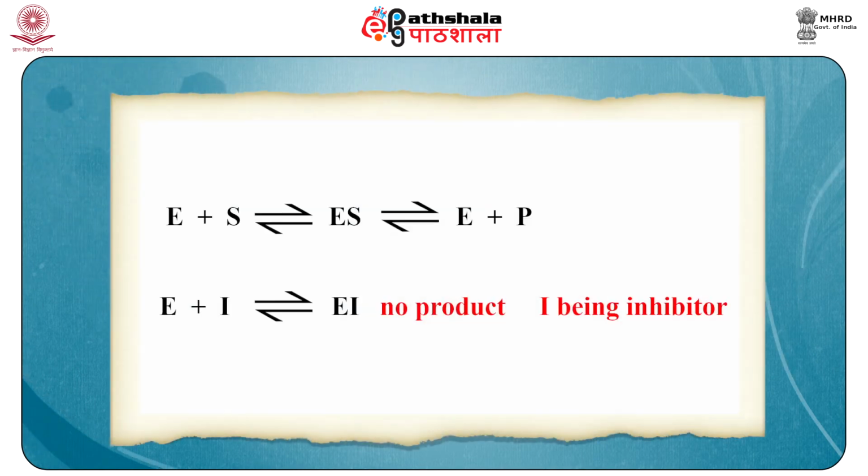The equations in a competitive inhibition are E plus S giving rise to ES, which then gives rise to enzyme and product. In another set of reactions, enzyme plus I giving rise to EI, and that cannot give rise to product because I is an inhibitor.